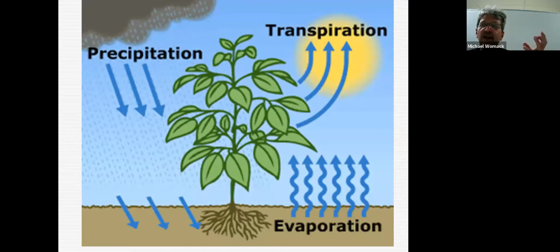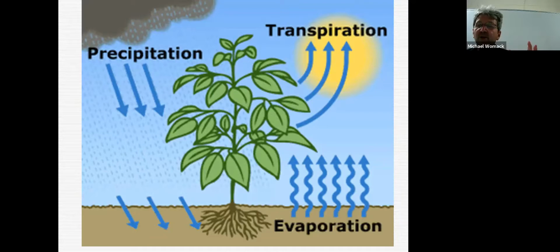Precipitation is how moisture is produced through a weather type event. That's precipitation, and there's all kinds of precipitation. You have rain is the most obvious one, but you can also have it through hail, you can have it through snow, you can have it through sleet.